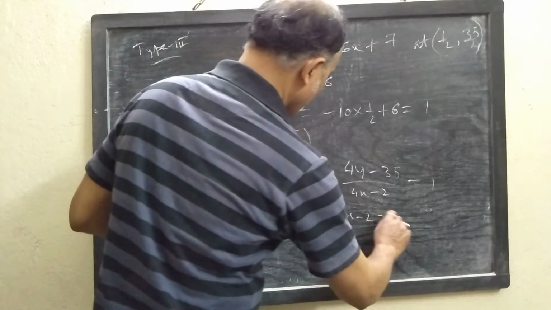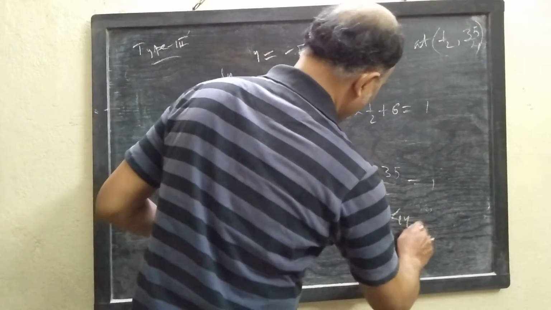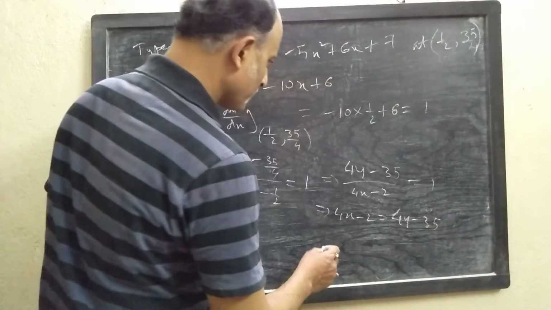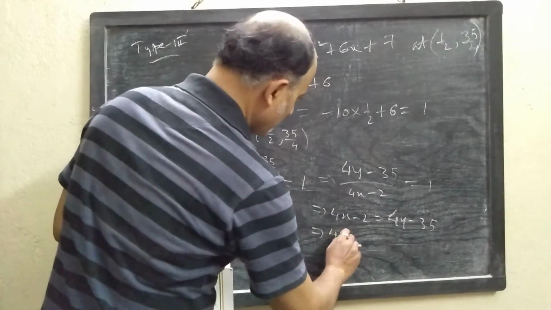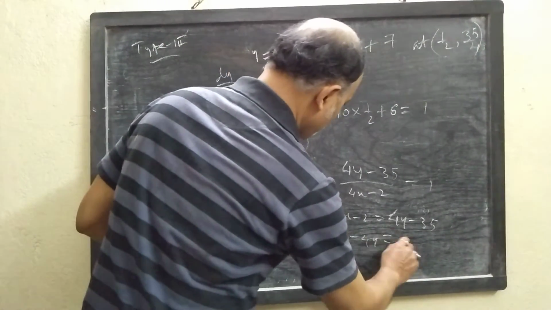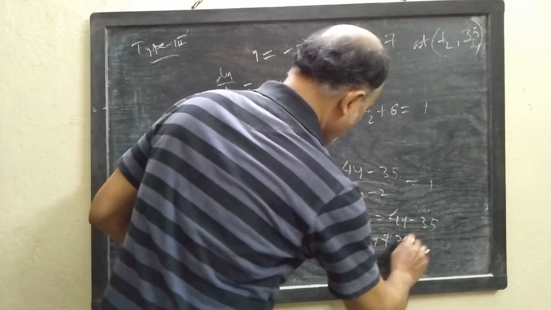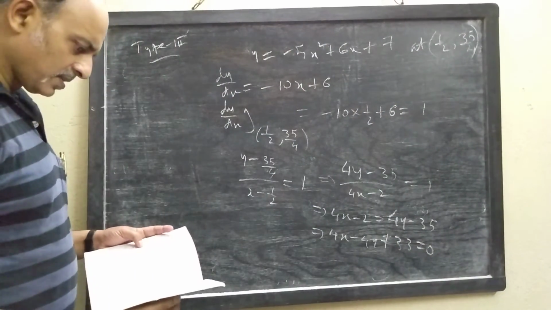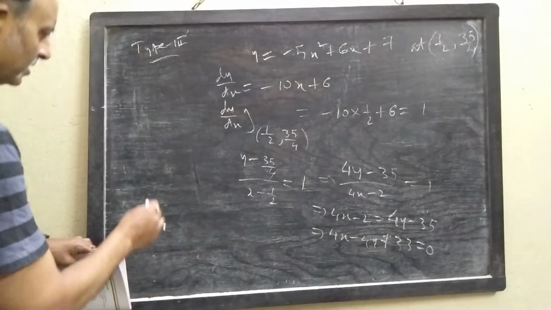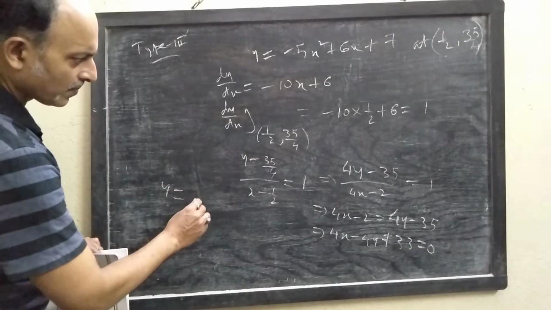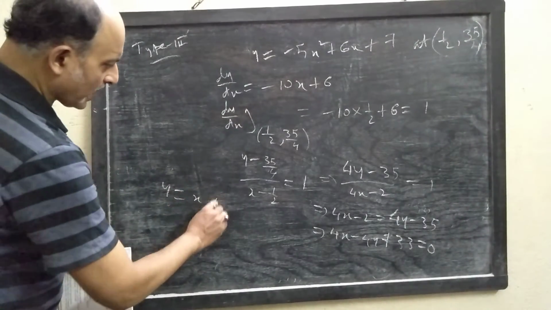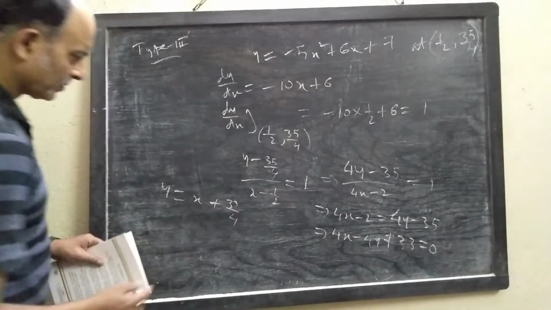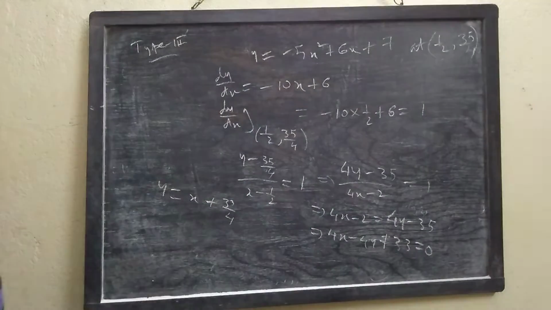That implies 4x minus 2 equals 4y minus 35. That implies 4x minus 4y plus 33 equals 0. Or you can write in this form also, y equals x plus 33 by 4.